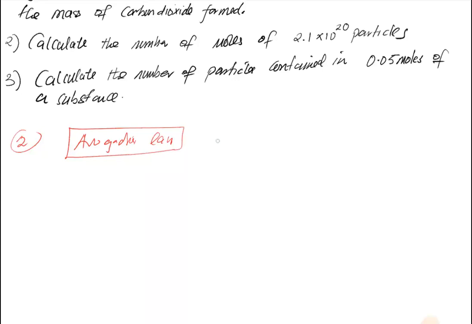And you know that the Avogadro's number itself is 6.02 times 10 to the power 23. These can be atoms, ions, particles, molecules, anything, but not moles. Are we together? That's the Avogadro's number.